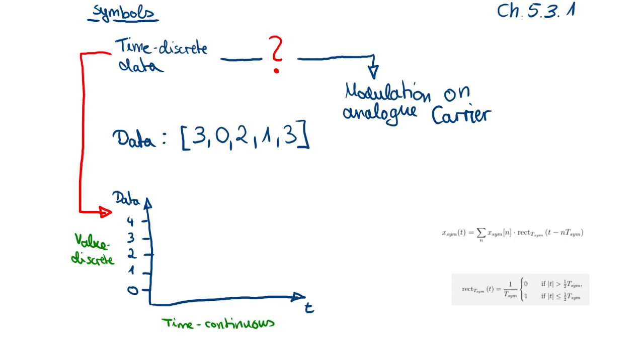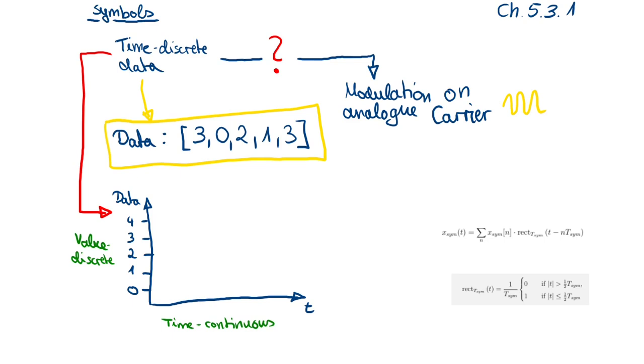So the input of the digital modulation is time discrete data, for example this. And this data should be modulated onto an analog carrier, which is a sinusoidal signal, and it is altered in a way so that it in the end carries the data.